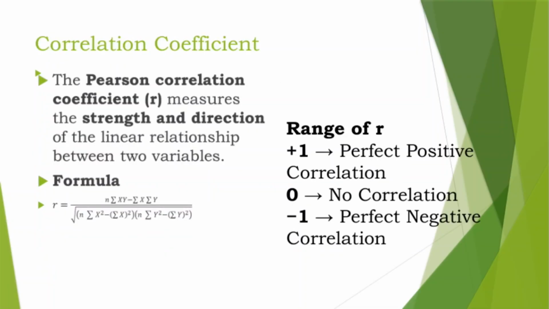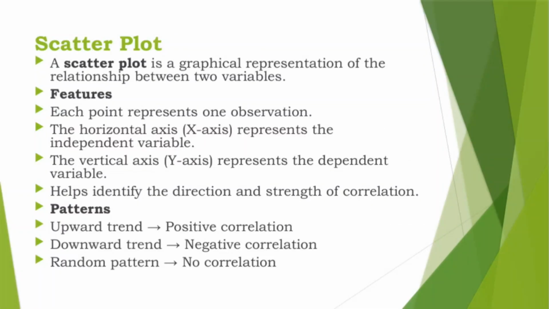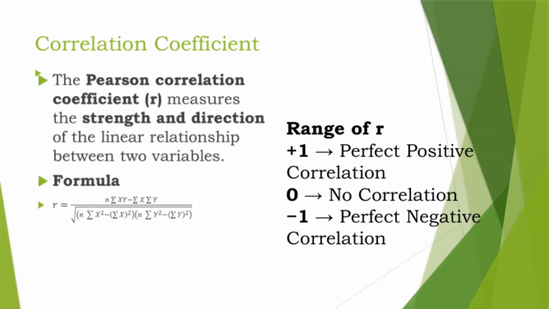Correlation values close to +1 or -1 indicate a strong relationship, while values close to 0 indicate a weak relationship. Generally, values between 0.70 and 1.00 or -0.70 and -1.00 are considered strong.